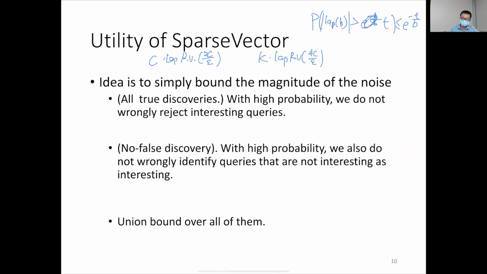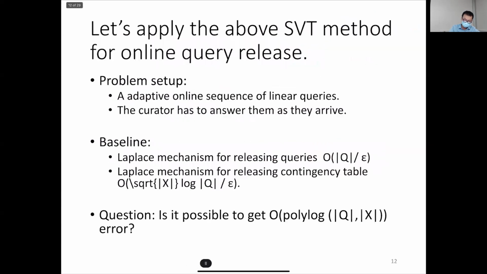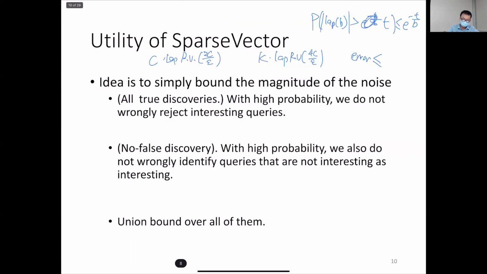If we apply this and take a union bound over all these random variables, then all of them satisfy that their error is smaller than, taking the larger of the two, 4C over epsilon times log 2K over delta, assuming C is smaller than K, with probability 1 minus delta.